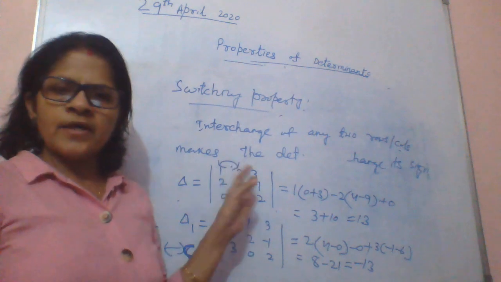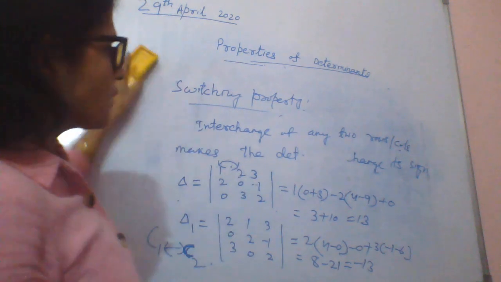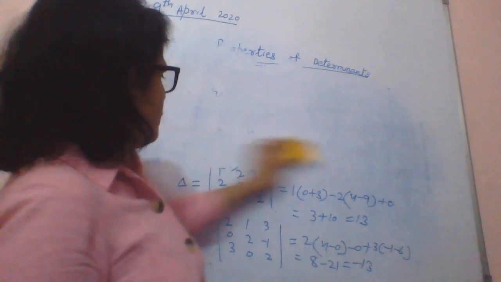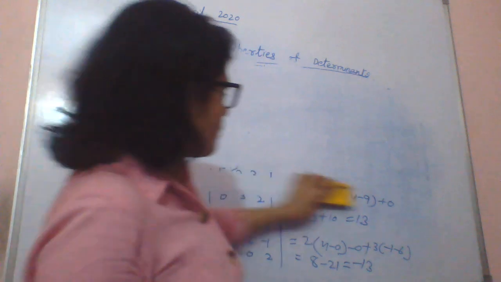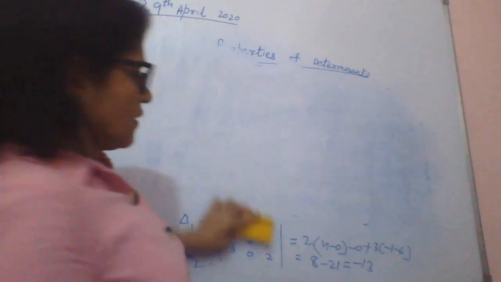So you can take any example of your choice. So basically switching property tells us whenever we interchange any two rows या any two columns, the determinant changes its sign.